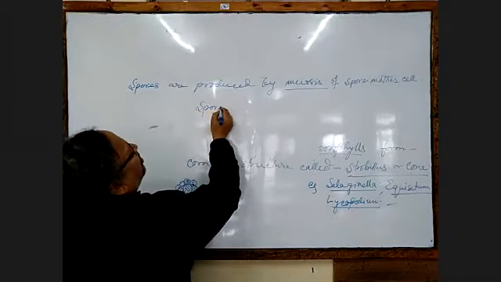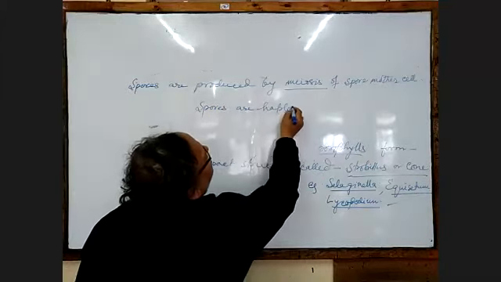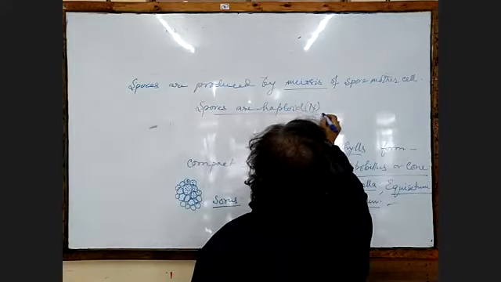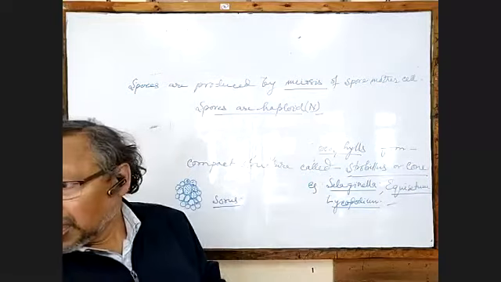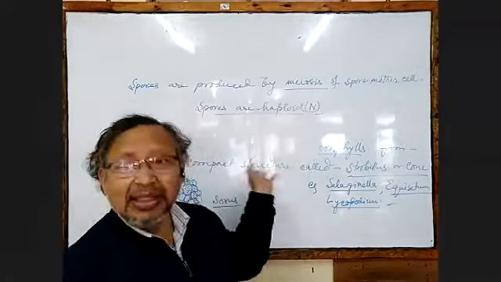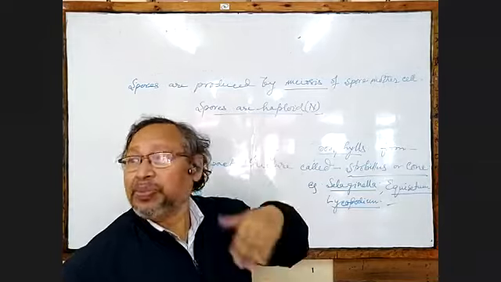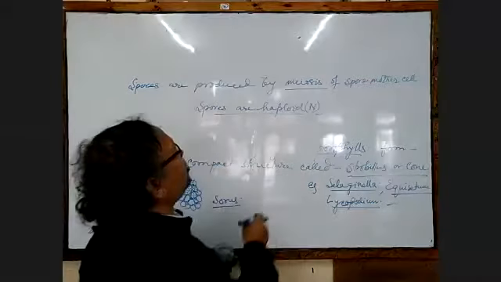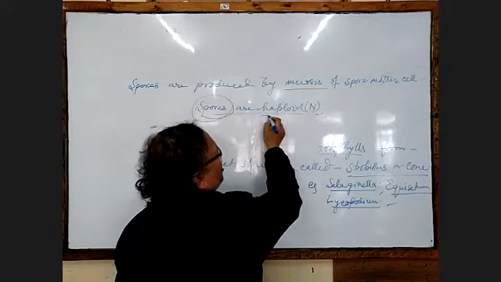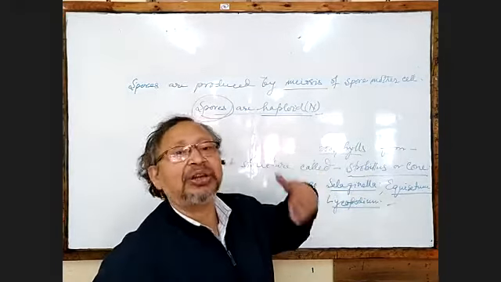So the spores are haploid. The plant body is diploid, sporophyte, and the sporangium is diploid, but within the sporangium, the cells undergo meiosis division and produce the spore. Those spores are haploid. With this, the gametophytic generation starts.